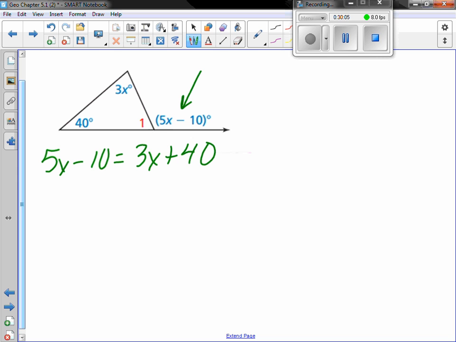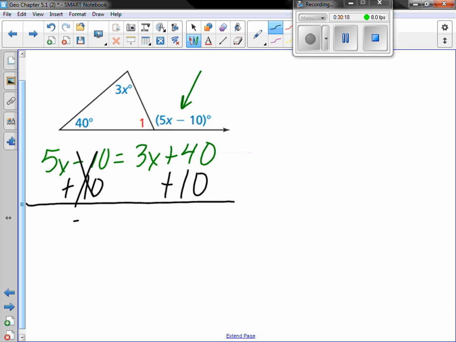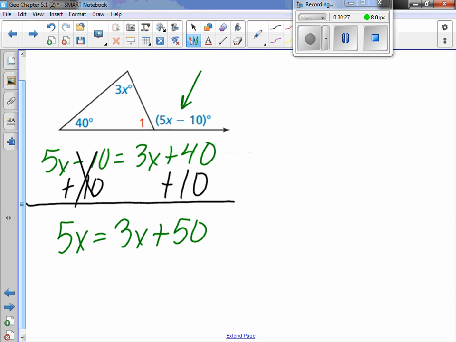Do we have any like terms on either side here? Yeah, so we can just start solving. So we can add 10 to both sides to get the value of x by itself, because these would cancel. And that would give me that 5x is equal to 3x plus 50.